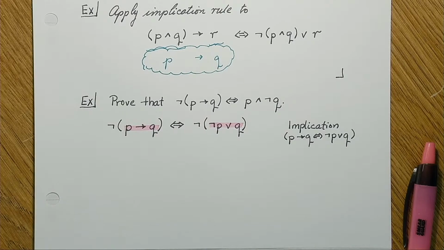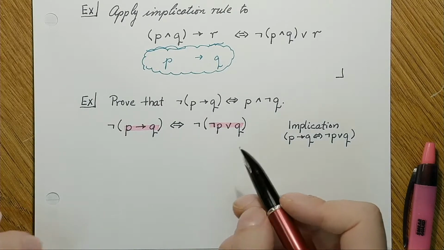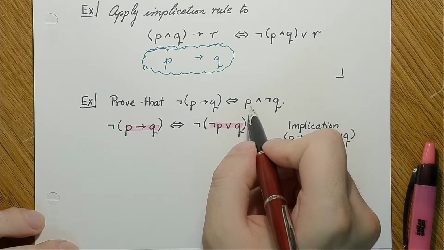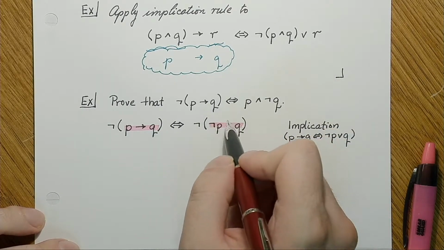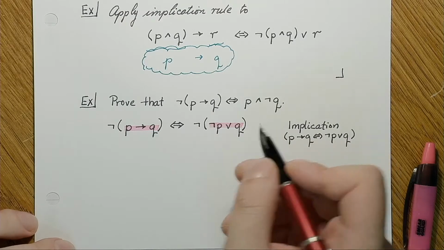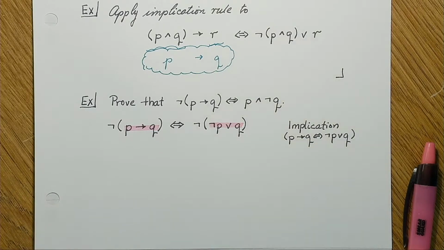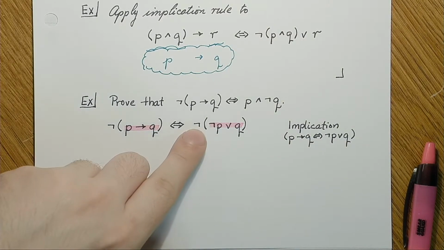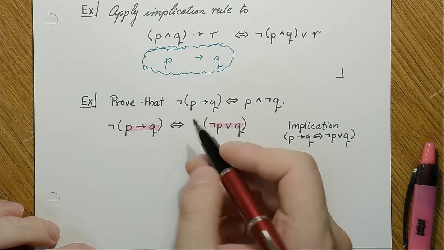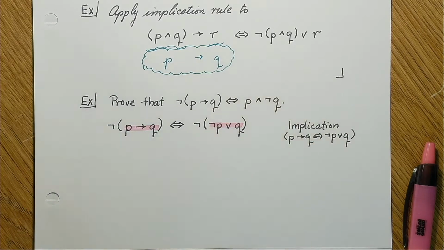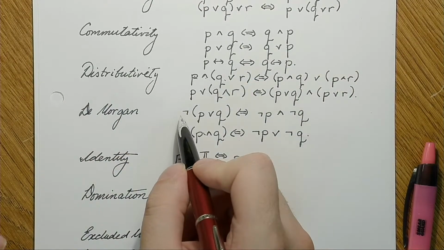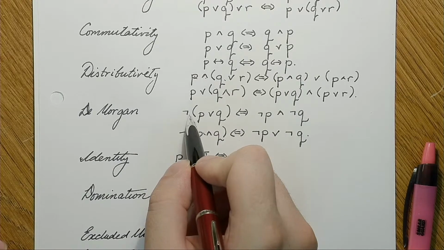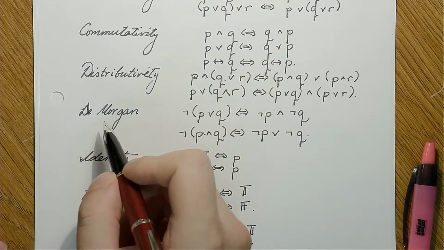Then the next rule that we can apply, because I have to show that it's P and not Q, this is still a little bit more complicated. So what we could try is distributing this negation. To do that, we have to go back to our rules here, and the one that handles the negation is De Morgan's law.